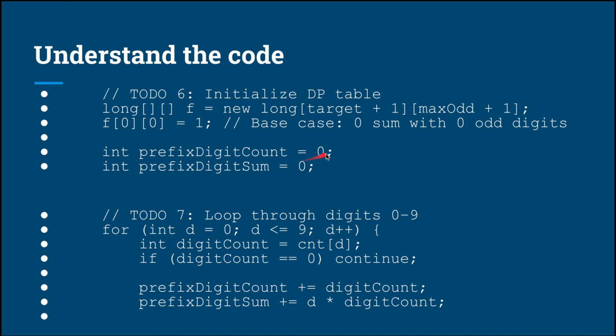Prefix digit count will be 0, and prefix digit sum will become 0. We'll loop through digits 0 to 9 and get the frequency, called digit count. If the digit count is equal to 0, we'll continue. If not, we'll find the prefix digit count and the prefix digit sum, and we'll count like this.